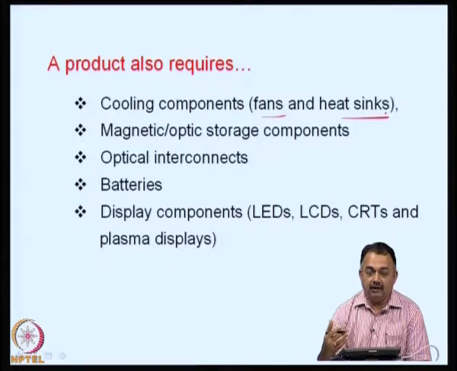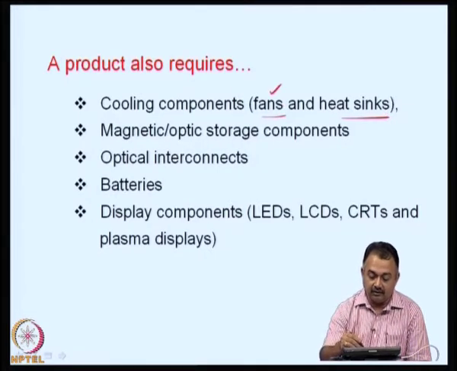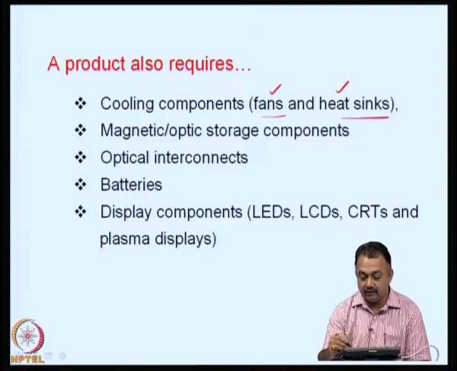If heat is built up on the surface for a long time, then there are problems with the active device itself. Heat sinks are used to remove heat. If fans are not used, in some cases heat sinks are used. So, you have to look at what kind of material choice you need to use if you are using a heat sink. Is it aluminum or is it some other metal?